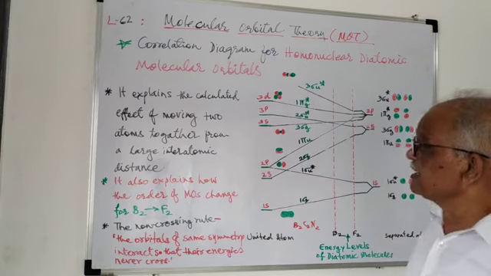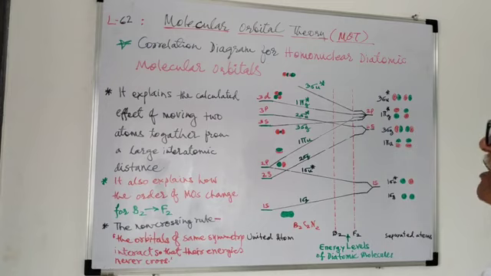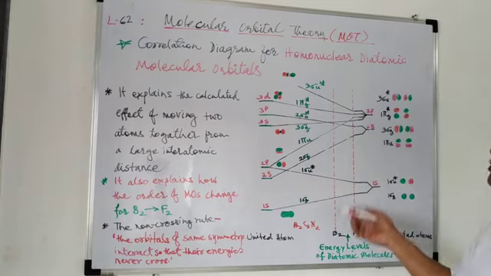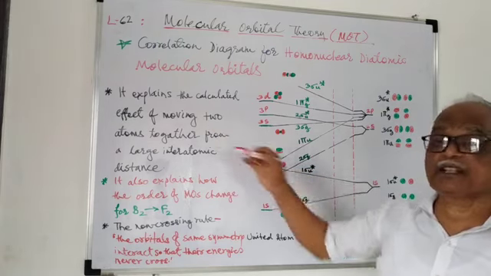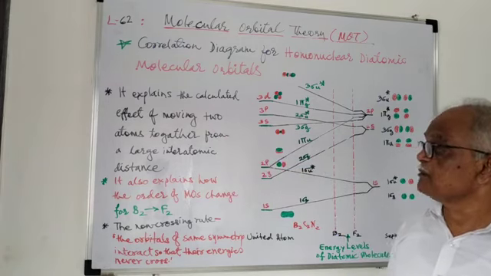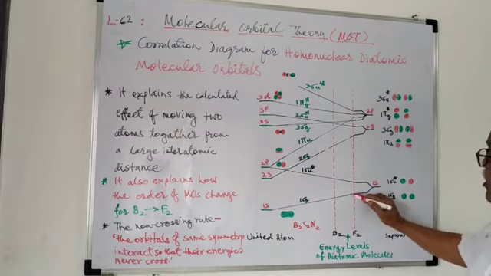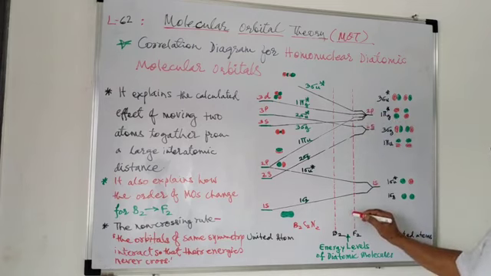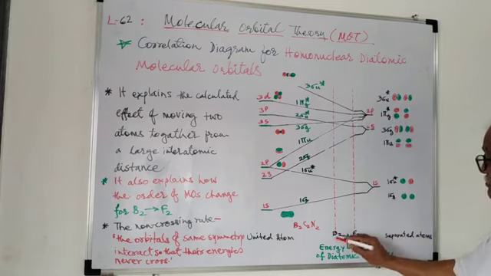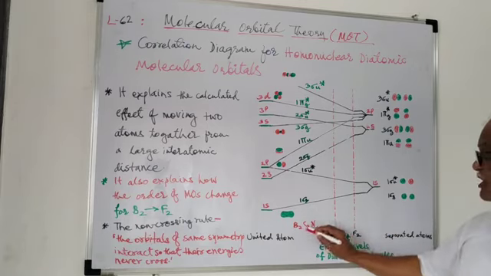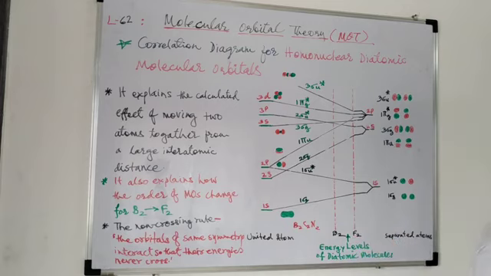The correlation diagram explains many things, that is, what is the calculated effect on moving two atoms together from a larger interatomic distance. Similarly, it explains the order of molecular orbitals between B2 and F2. So for this range, that is B2, C2, N2, O2 and F2, we are studying this order of molecular orbitals.